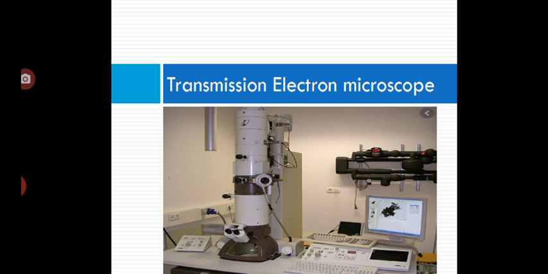The image strikes the phosphor screen and light is generated, allowing the user to see the image. The darker areas of the image represent those areas of the sample that few electrons were transmitted through, while the lighter areas of the image represent those areas of the sample that more electrons were transmitted through.